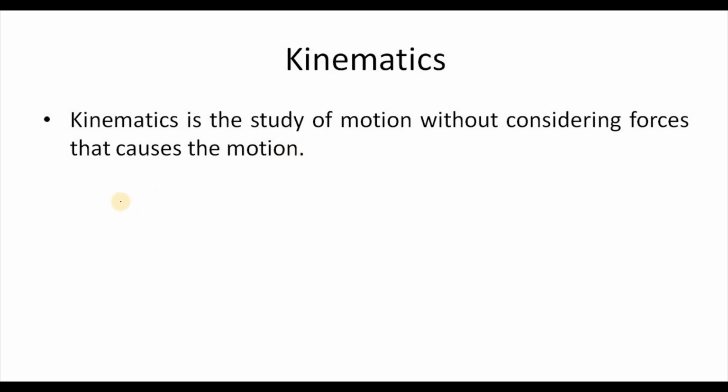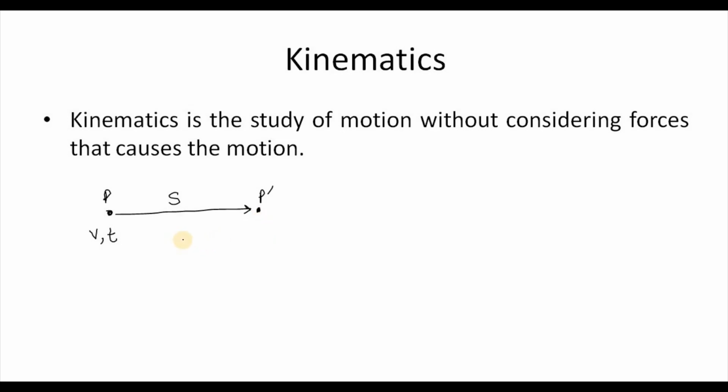So whenever we talk about motion of any object, any rigid body, let's say this is the point P, and this point moved from this location to this second location, which is P dash. So the distance traveled by this point can be calculated if we know the velocity of this point and the time it takes to reach here.